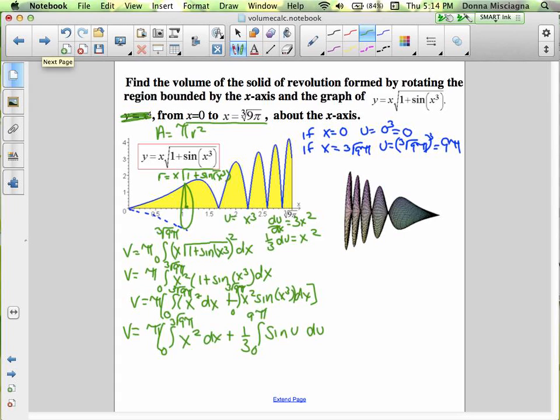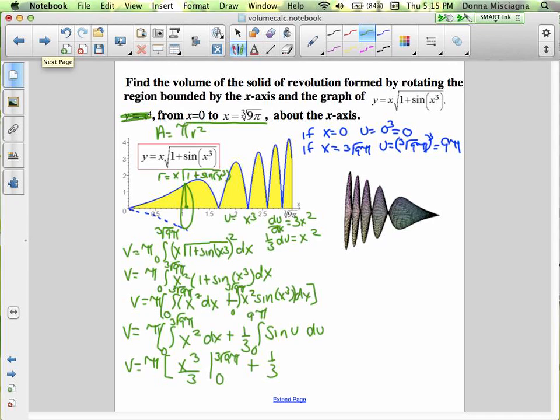All right, so our volume is pi, and this would be x cubed divided by 3, evaluated from the cube root of 9 pi to 0. And then plus 1/3, and what I didn't want to do is substitute back again.